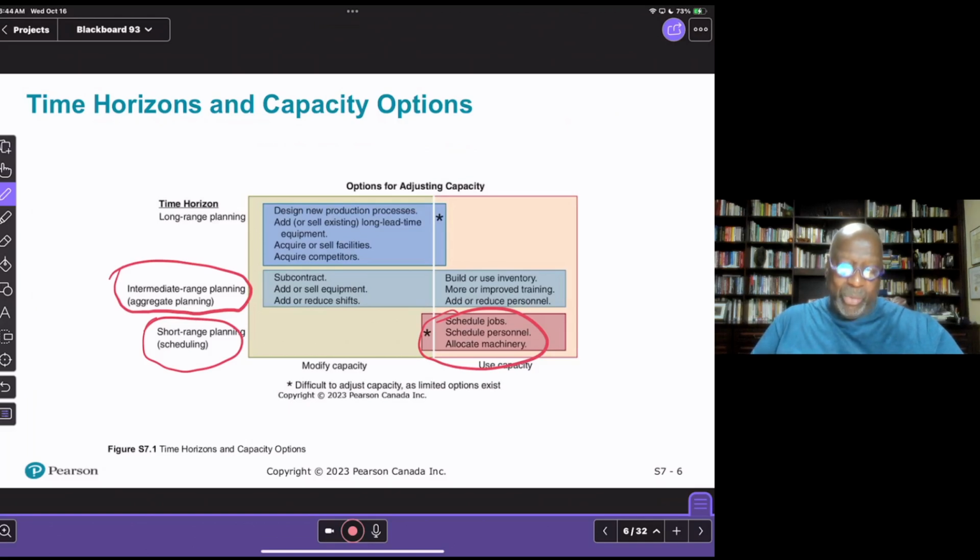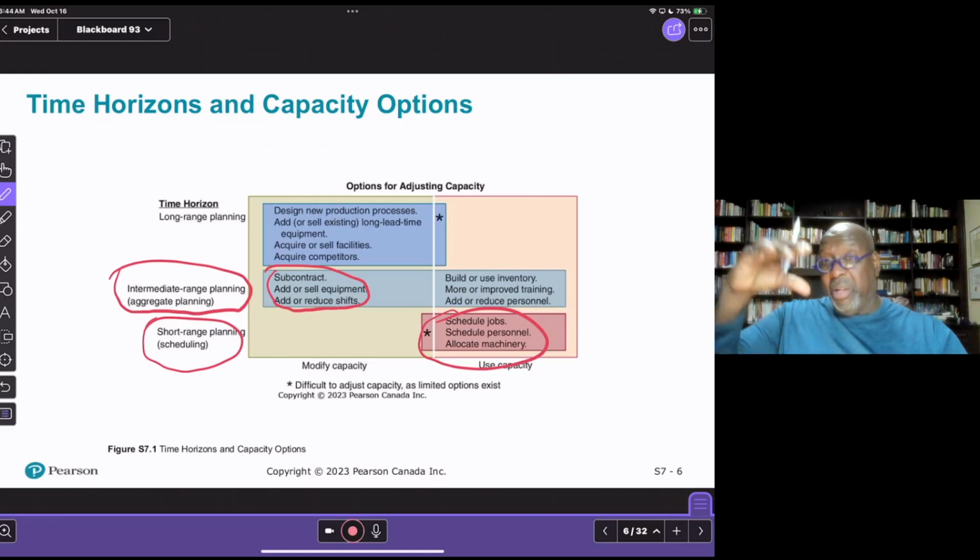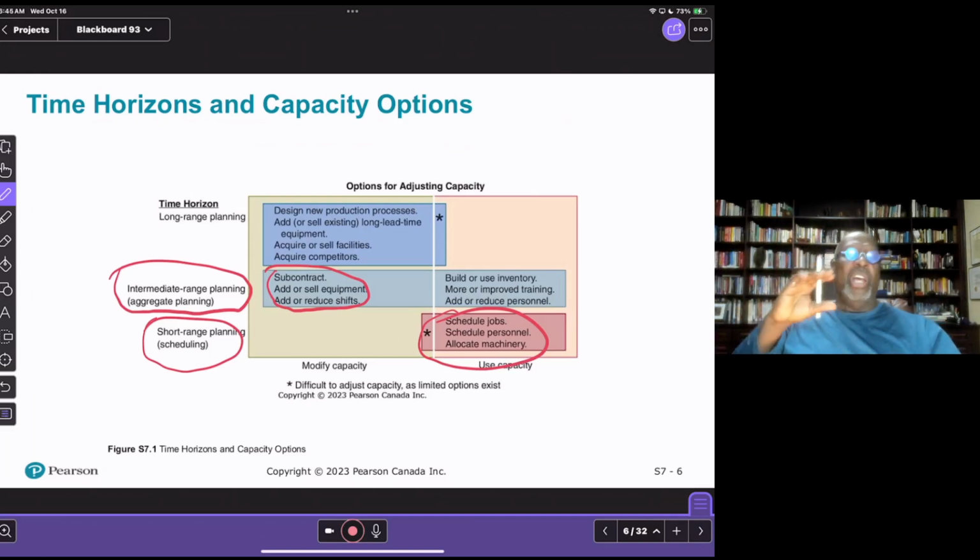When you're thinking about your medium range planning, you think about how much staff do I need? Do I need to increase my capacity temporarily? Do I need to use some subcontracting? Do I need to acquire maybe some additional shifts so that I could temporarily increase the capacity? So with medium range planning, you could actually do some capacity adjustments that are not permanent.